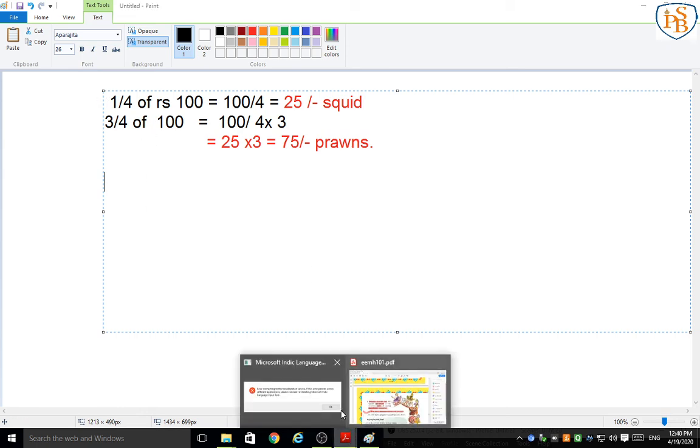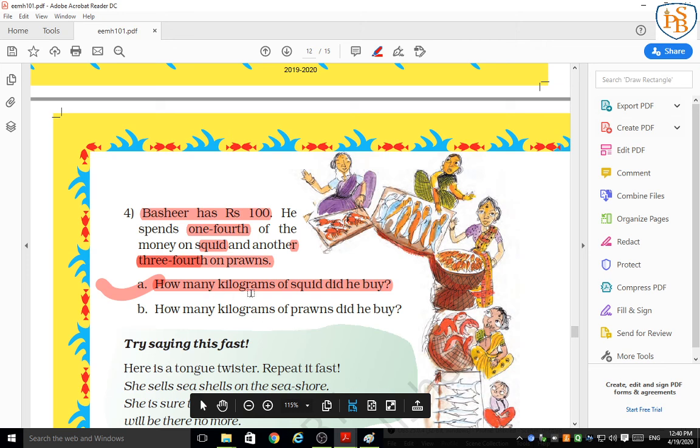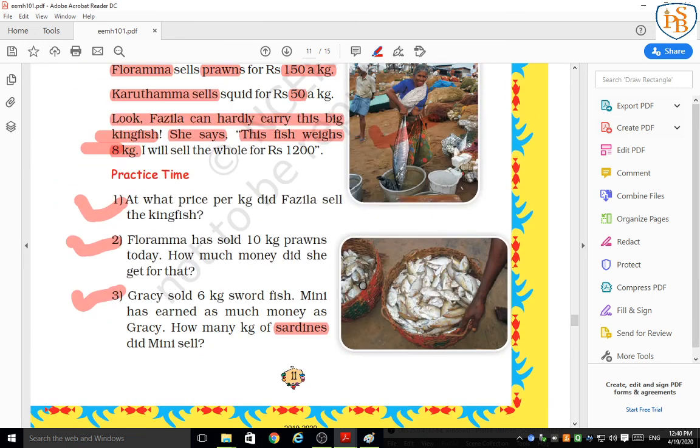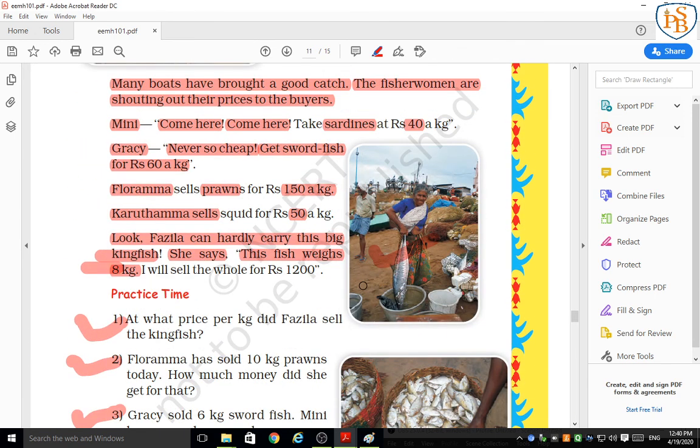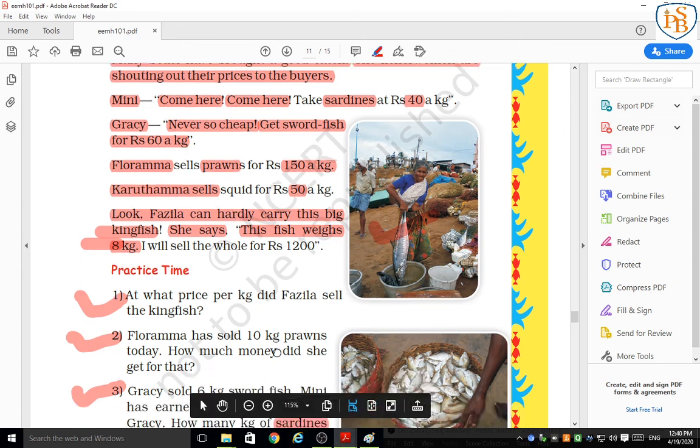Okay, now next the question is, how many kilograms of squid did he buy? For squid, where is squid? Karthoma sells squid for rupees 50 per kg. So for rupees 50, we can take 1 kilogram of squid.